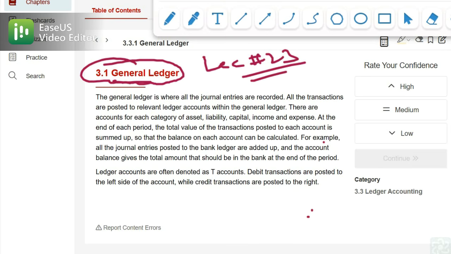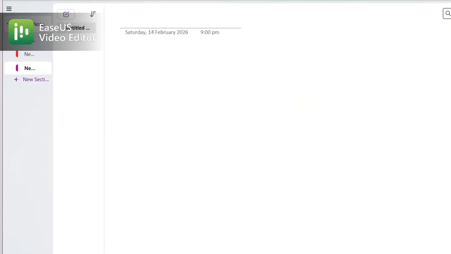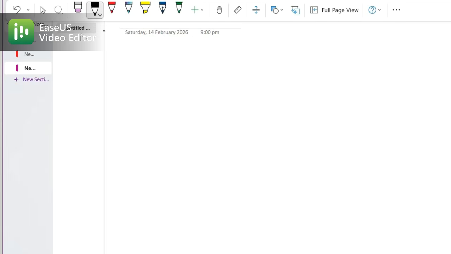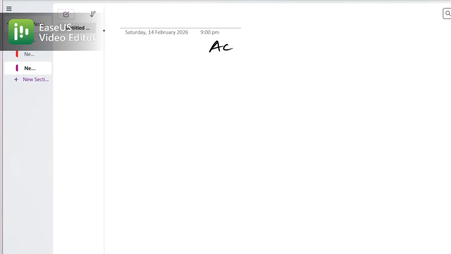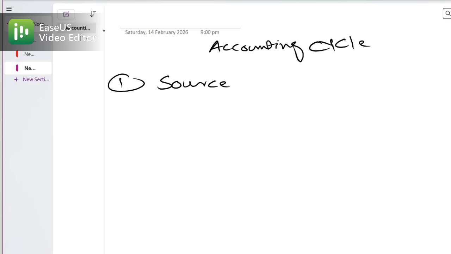But before we start this, let me show you the accounting cycle, how it works. The first thing in the accounting cycle is your source documents.